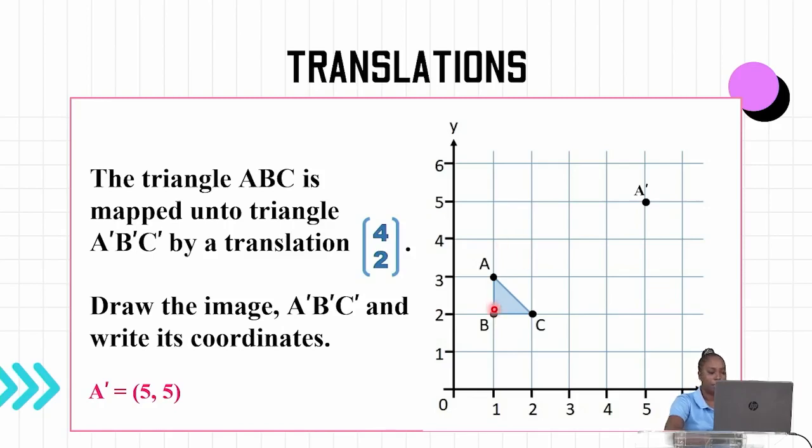Let's move on to B. B, moving right 4, 1, 2, 3, 4, and then upwards 2, 1, 2, puts us in this position here. So that point is now called B prime. And its coordinate is, well, 5, 4.